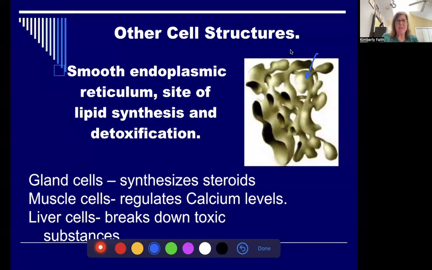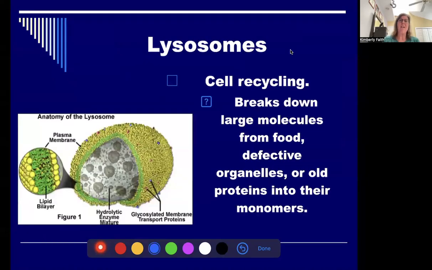And of course, you're also going to have a ton of it in liver cells because we all know one of the main jobs of the liver is to break down toxins like alcohol, medications, right? So you're going to have a lot of smooth ER in those tissue types.